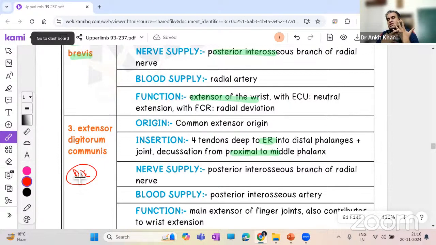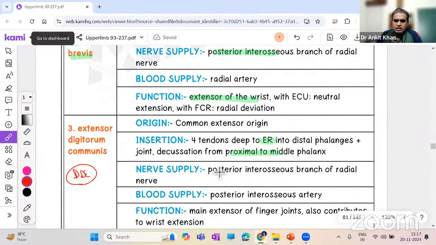Once you move distally, you don't feel the same tendons. What I mean to say is, if you extend the fingers, you feel the tendons in the region of the knuckle only. Once you move into the finger, you don't feel any tendons easily. Why? Because here the tendons spread out and insert into all those phalanges.